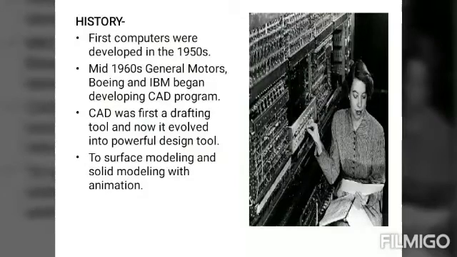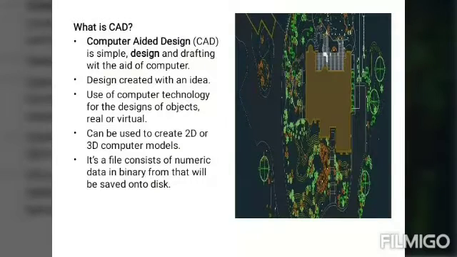So this was related to the history. Now we'll come to its meaning. CAD, computer aided design, is simply design and drafting with the aid of a computer. Design is creating a real product from an idea.